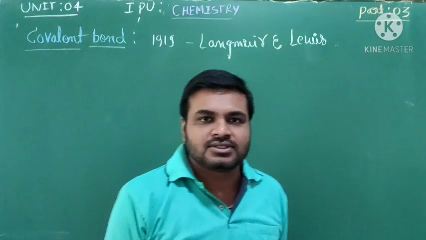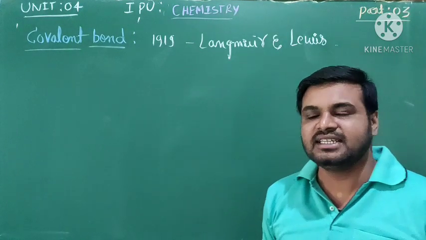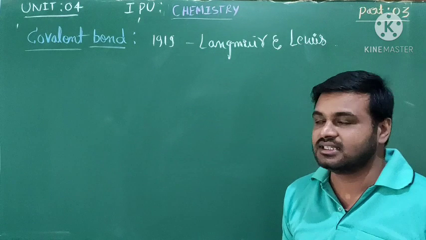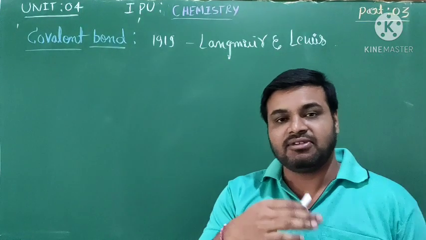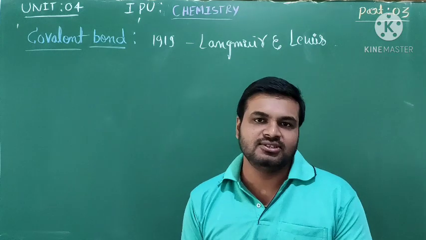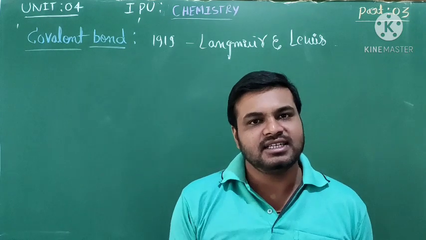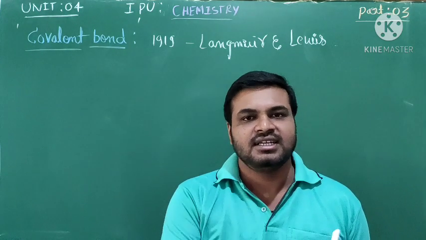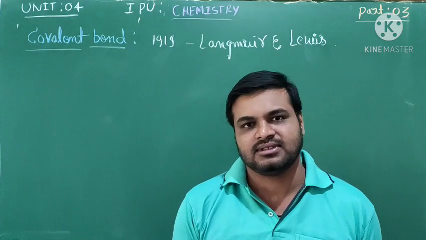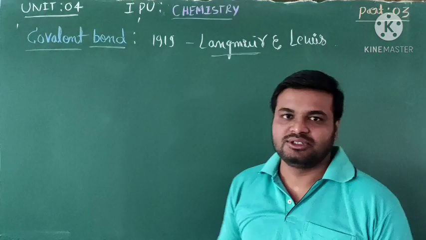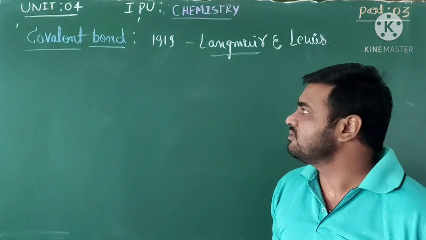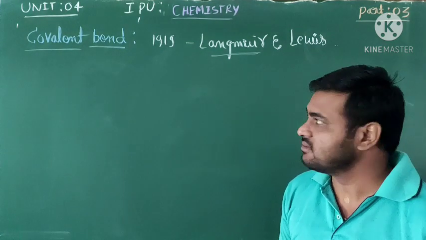So what is the meaning of this covalent bond? The scientist Langmuir refined the Lewis postulates with a new idea of a cubic arrangement in an octet. Okay, Langmuir gave a new arrangement to be formed in the case of a covalent bond.